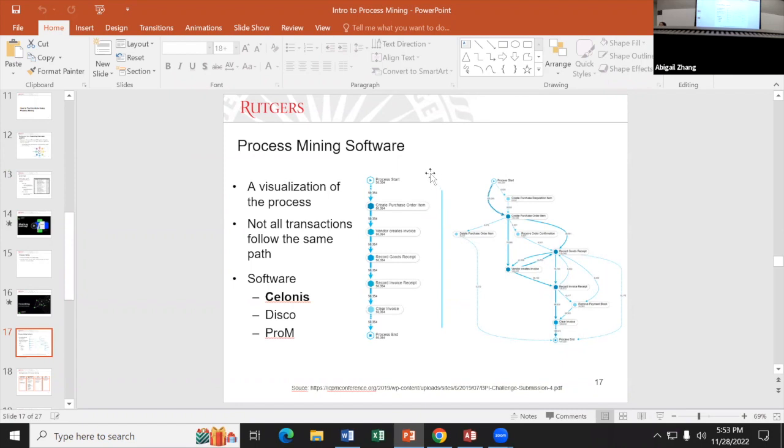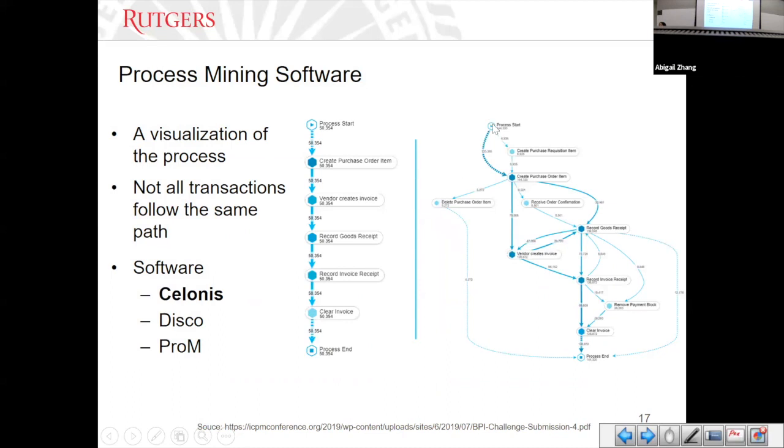And using some visualization technique, you can also visually observe the sequence of the activities happened to particular transactions to see if the transaction follows the prescribed sequence of the activities of the firm, right?